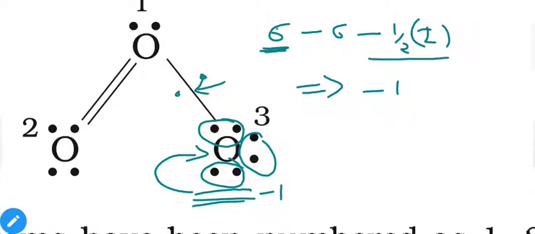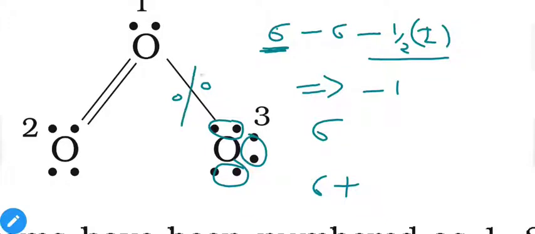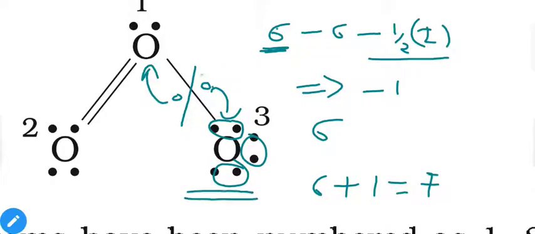So the number of electrons in the free state is equal to 6, and let us find the number of electrons in the molecular state. In this case, we have 6 electrons as a lone pair. So 6 plus, we have 2 electrons in bond formation, and they will be distributed equally. So one belongs to the first oxygen and one belongs to the third oxygen. That means in this molecular state, our third oxygen contains a total of 7 electrons.